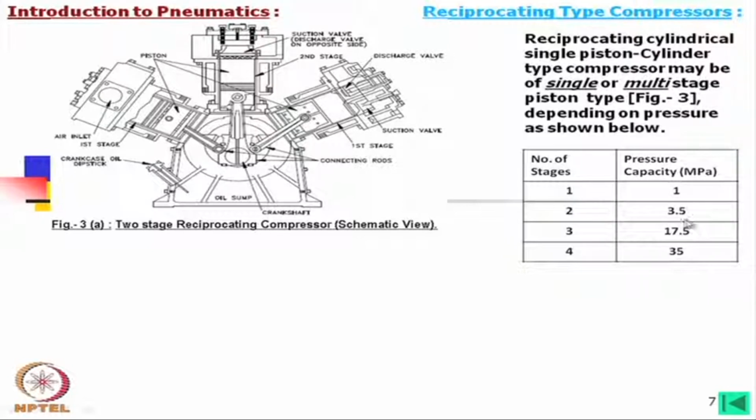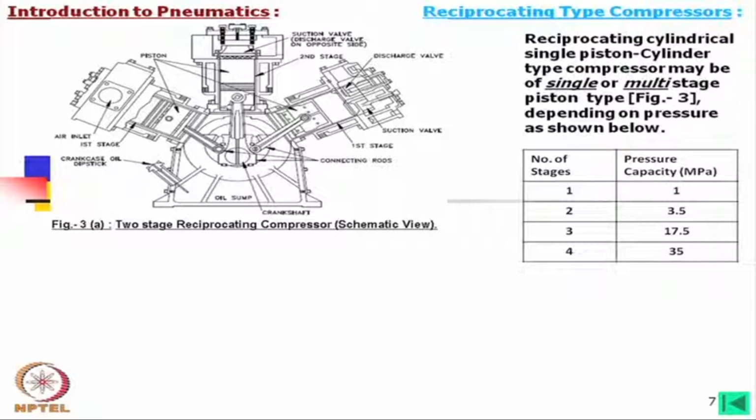Then if it is 3.5, then 2 stage. If it is 17.5 megapascals, it is on the higher side, and we have to go for 3 stage, and for 35 megapascals this is 4 stage. Now 35 megapascals means it is very high. This is definitely for special applications.